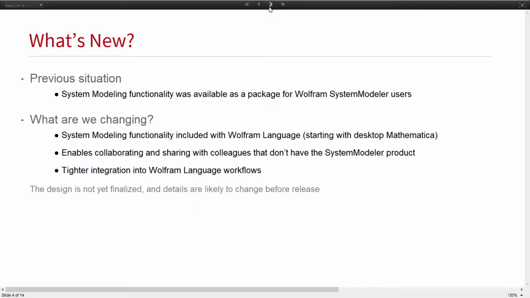And we have this package called WSM Link that lets you connect with the SystemModeler program, lets you do different analysis tasks, lets you design different models. But now we're moving to still have that standalone product, but we're moving the functionality of analysis and design of system models. We're moving that to be an integrated part of the Wolfram language.